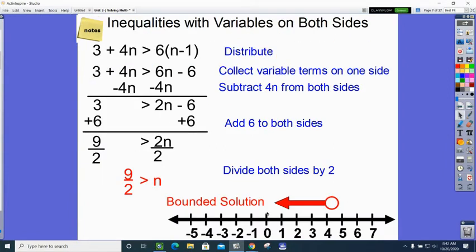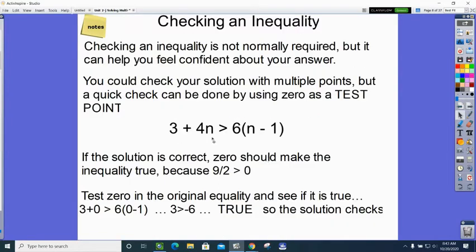So 0 should work in the original inequality. If I put 0 in here, I'll get 3 on the left. If I put 0 over here, I will get 6 times -1, and I end up with this inequality right here. And since that's true, the solution checks.